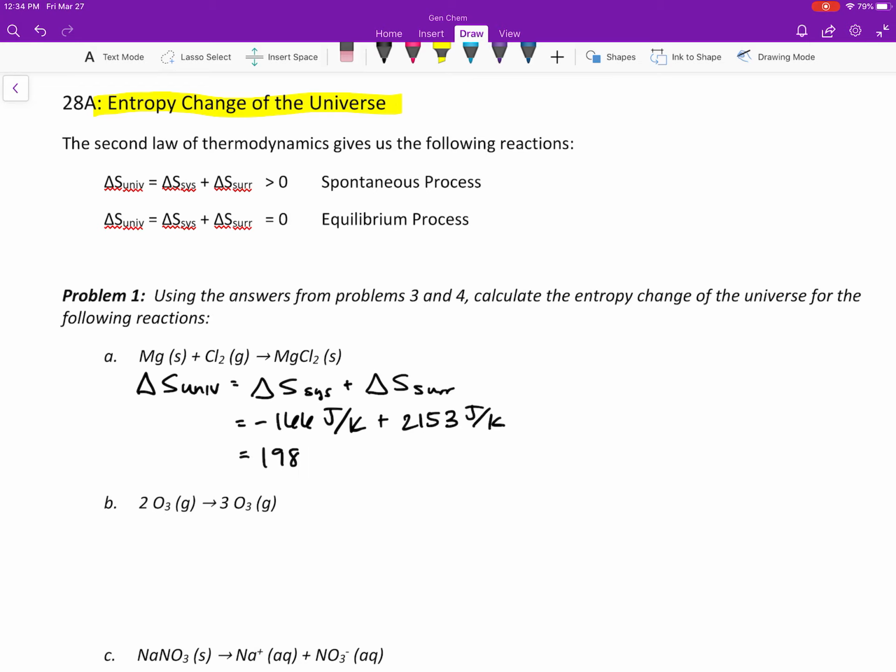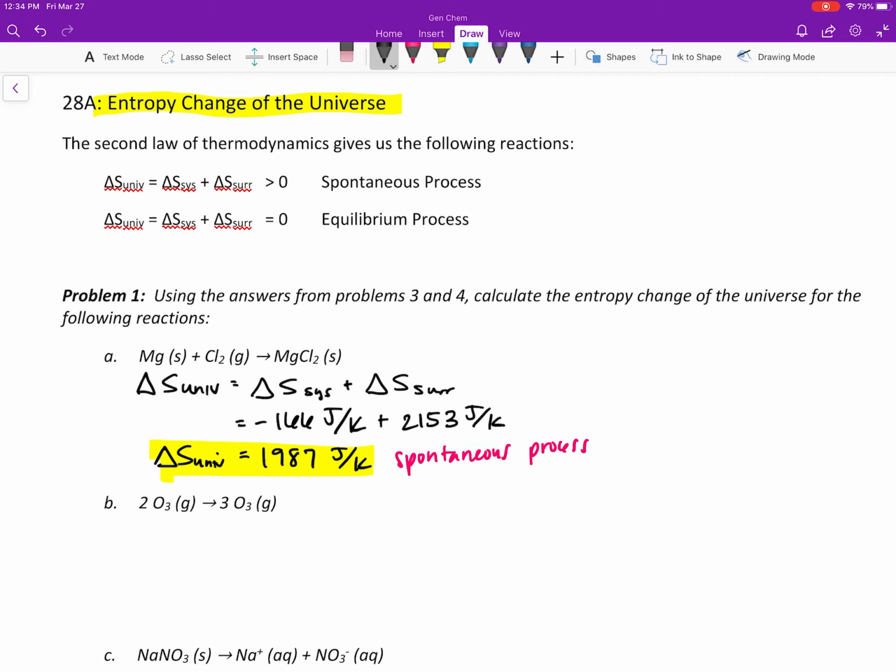And the answer we get is 1987, which oddly enough is the year I was born. So when I see this, I want to say 1987 like it's a year. But it's 1,987 joules per Kelvin. So if we look up at our options up here, the delta S of the universe is greater than 0, which suggests that this is a spontaneous process.